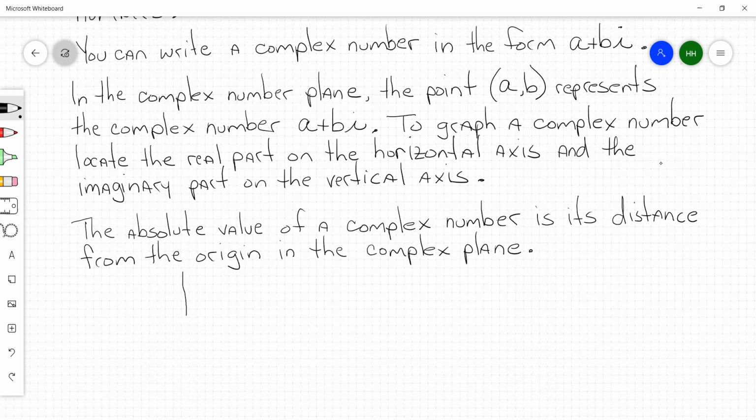So the absolute value of a plus bi is equal to the square root of a squared plus b squared.